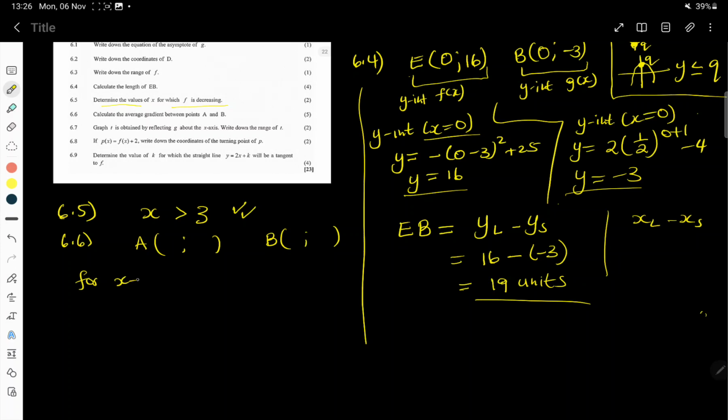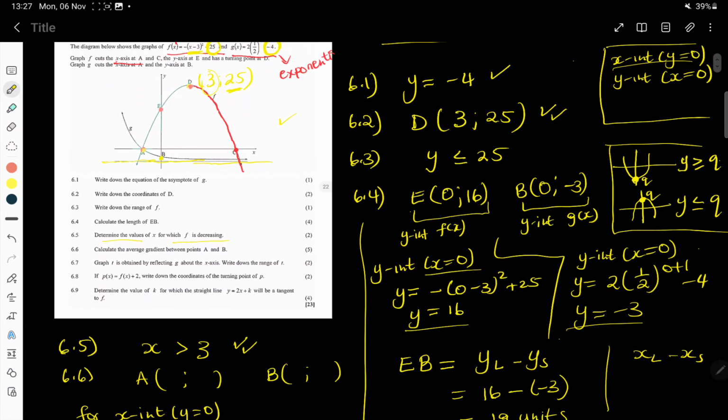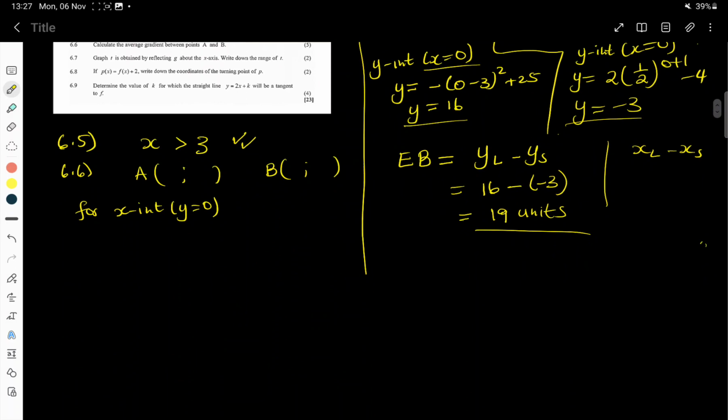For x-intercept, let y be 0. So we are going to use the function of G. So it's going to be 0 equals 2 (1/2)^(x+1) minus 4. Then you transpose the 4. Positive 4 equals 2 (1/2)^(x+1).